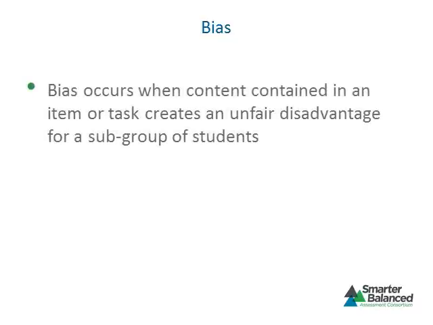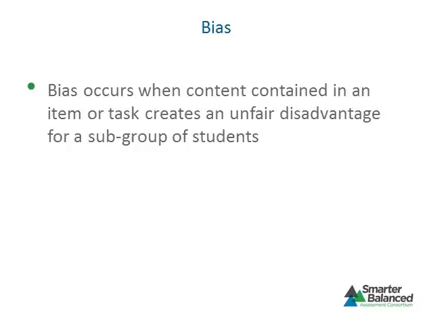One aspect of an item or task that affects its ability to accurately access the knowledge, skill, or ability that is the target of assessment is the extent to which information in the item creates bias for a specific subgroup of students. Bias occurs when an aspect of an item that is not specific to the knowledge, skill, or ability that is the target of assessment places a subgroup of students at a disadvantage or an inappropriate advantage.